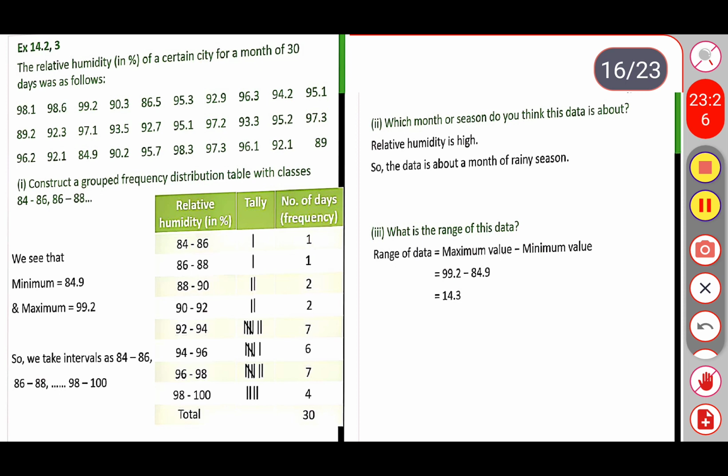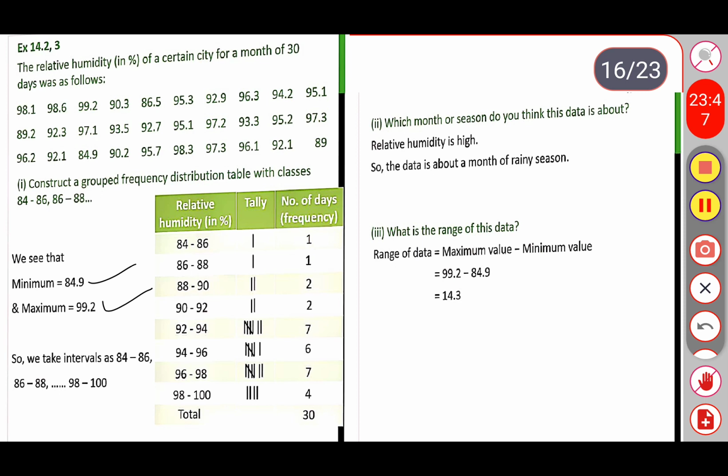Before constructing the class intervals, first you need to identify which is the least value and which is the maximum value. The minimum value is 84.9 and the maximum value is 99.2.